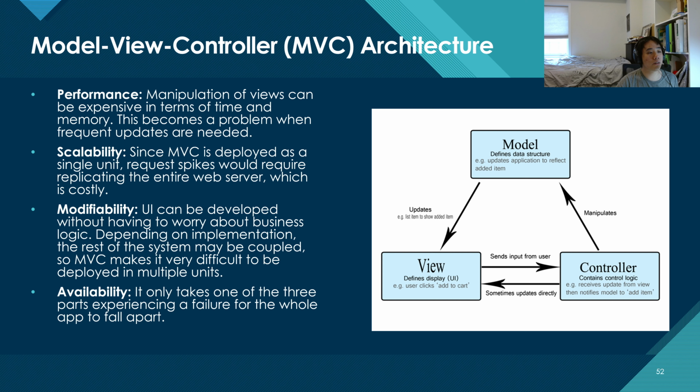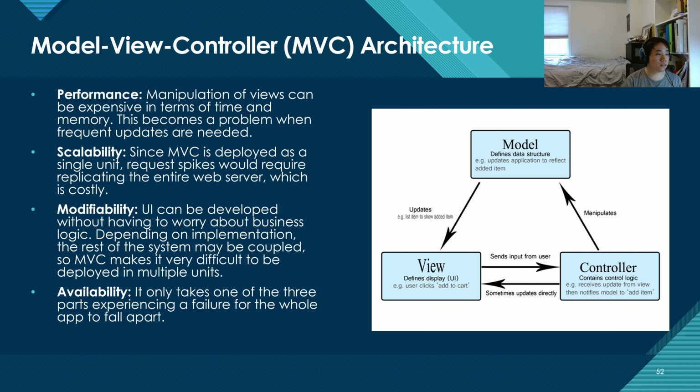One thing you need to be careful with is that if you want the model to update the view, it is costly because you're manipulating the contents of the website, which might also take up a little bit of memory and time. So do be careful if you need to do frequent updates. Maybe add a cooldown to it, so that the updates between the model and view wouldn't be overwhelmed.